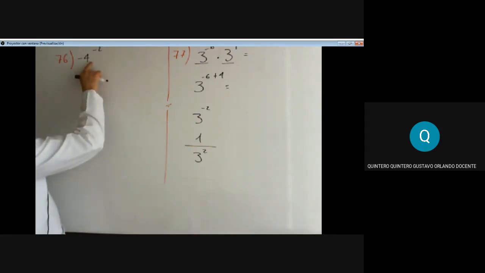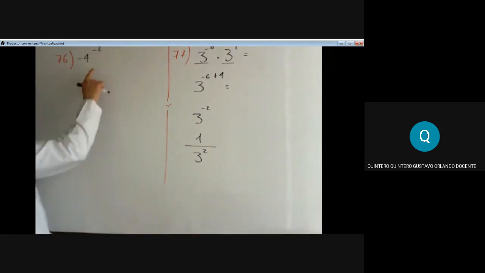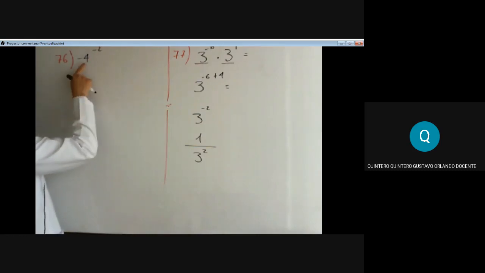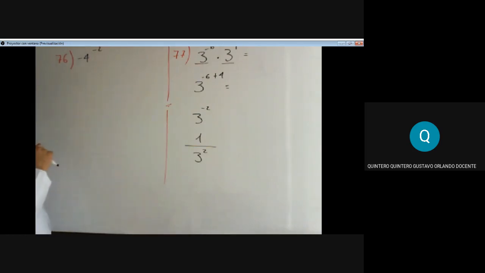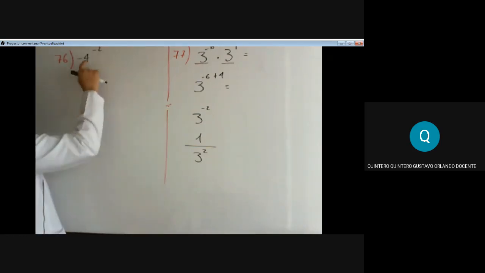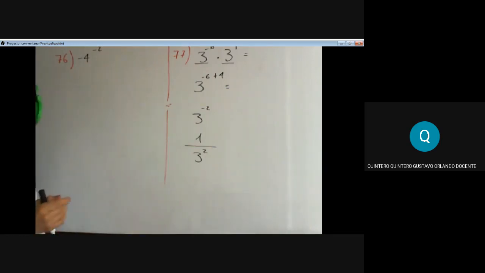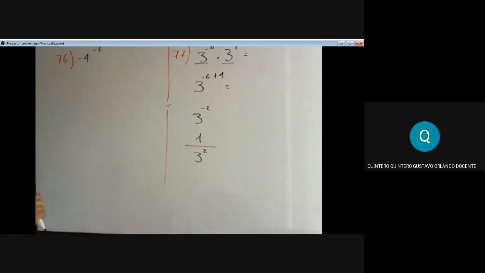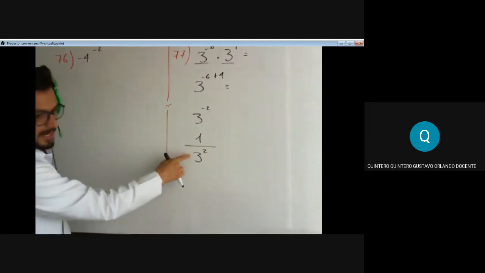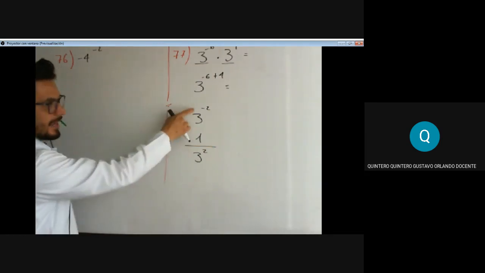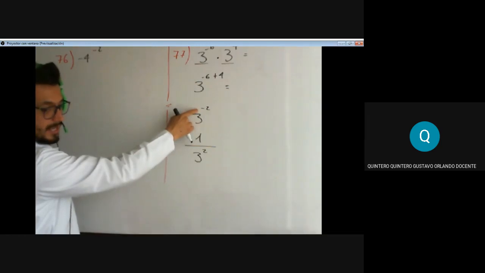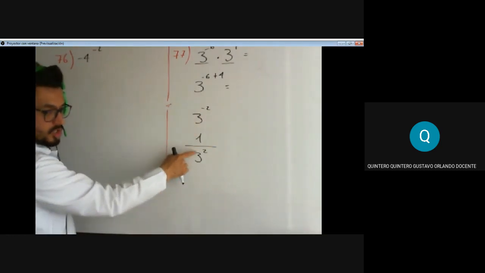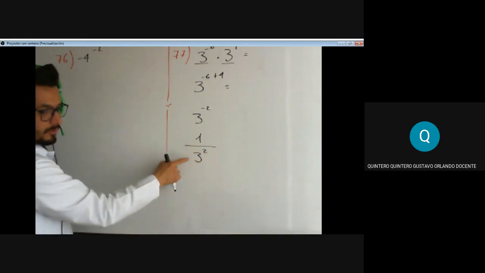We know that there is no parenthesis here, so the -2 only applies to the 4, right? And since the negative is an exponent, what you want to do first is get rid of that negative exponent. Change it into a positive, just like with the -2 exponent we changed into +2.